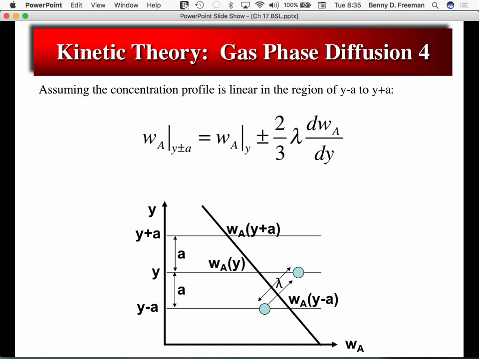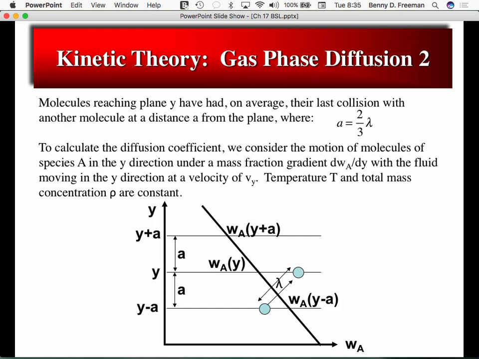We then take the mass fraction of A in the y direction to be a linear function of distance, and the distance here has been replaced by 2/3 lambda based upon this relationship.